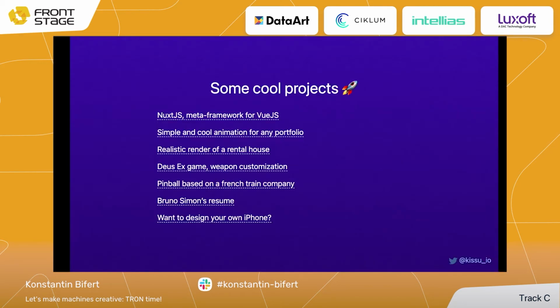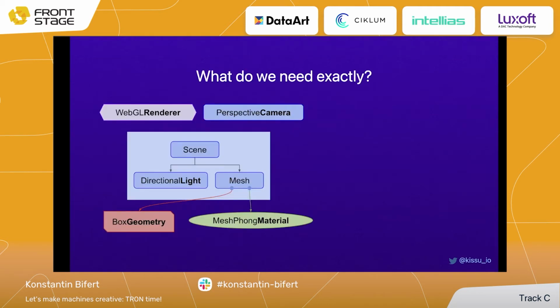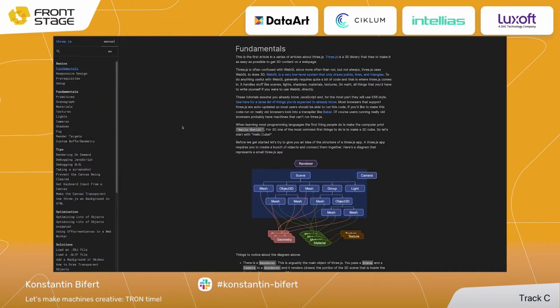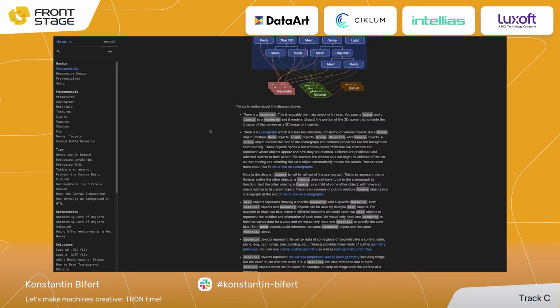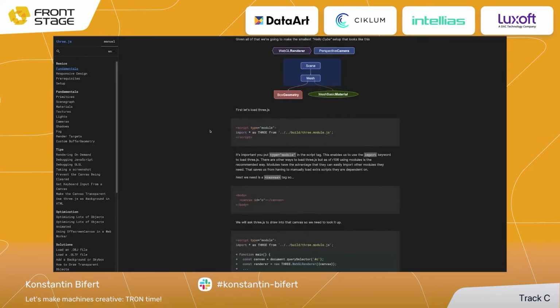Now let's move into how to do that exactly. Because this is nice, we have seen how it's made, we have seen a bit of code, but let's see exactly how it works. For that, we can go to the official documentation website again. We can check the fundamentals and everything is explained well.